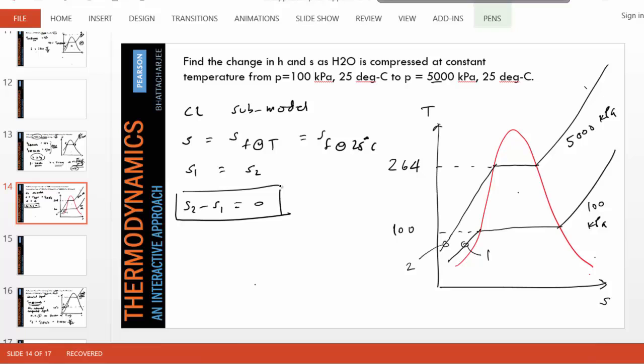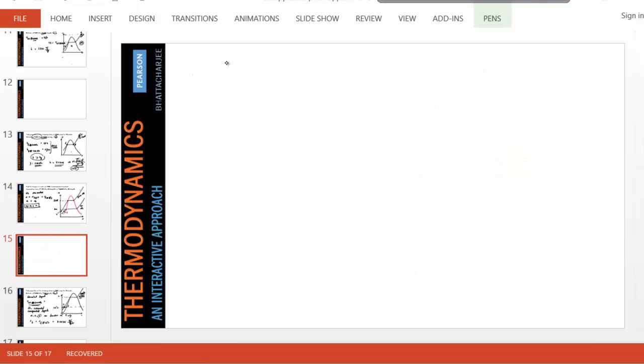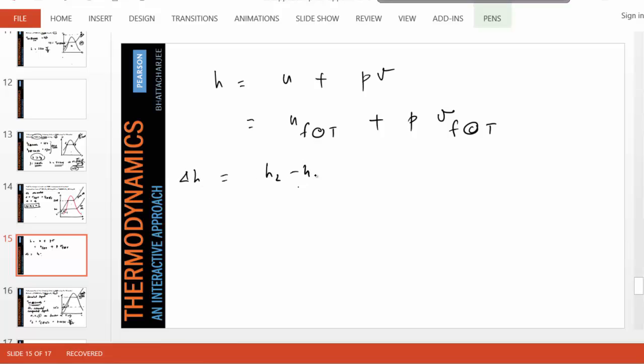And then evaluation of enthalpy becomes simplified, because what is enthalpy by definition, which is a little tricky to find because it depends on pressure for a liquid, whereas U is a function of temperature alone, and specific volume also is a function of temperature alone, just like U and S. So therefore delta H, which is H2 minus H1, in this case, if you do the math, essentially this is U at T2 plus P2 VF at T2 minus U at T1 minus P1 VF at T1.